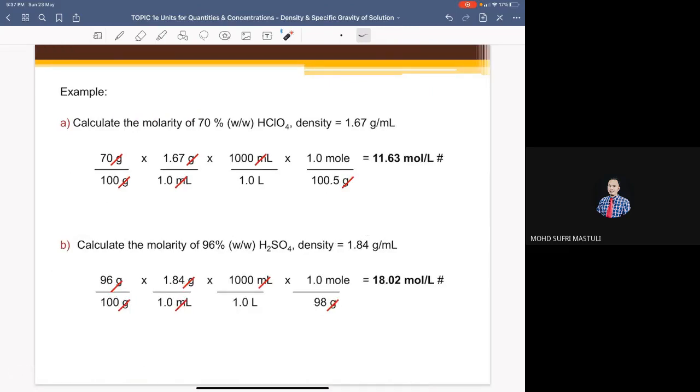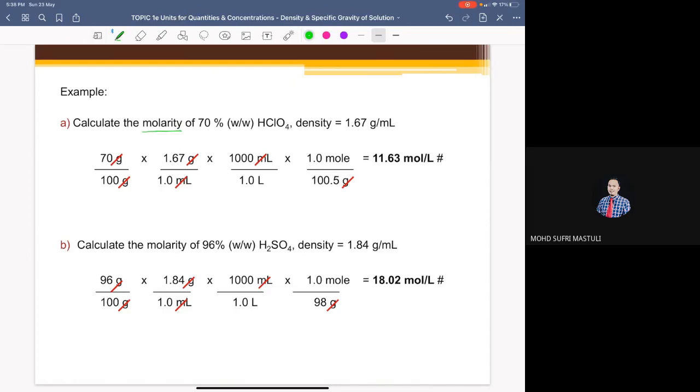So here is an example related to the density of solution. In this question, you are asked to calculate the molarity of 70% weight per weight perchloric acid with a density of 1.67 gram per milliliter.